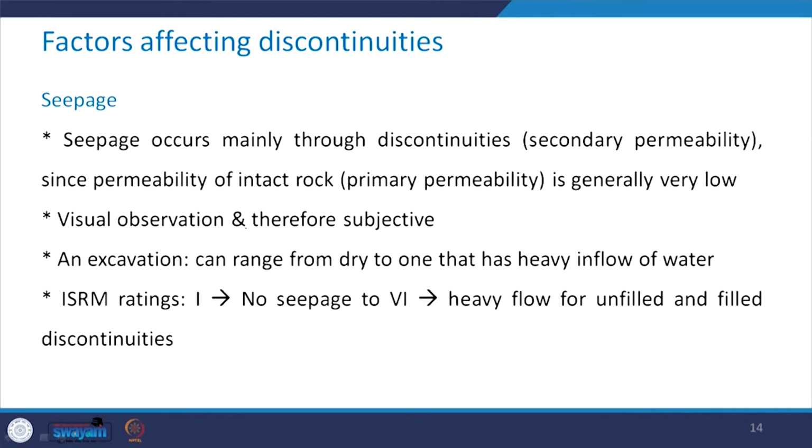The next factor which influences the discontinuity is seepage. Very, very important. You know that wherever water comes into the picture, the property of naturally occurring material, for example soils and rocks, is greatly influenced by this water, and seepage is one of the phenomena which occurs mainly through the discontinuities.